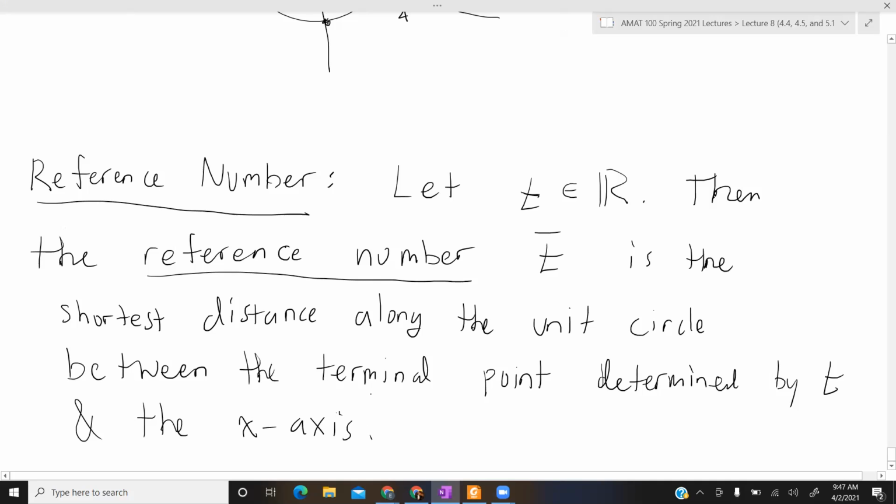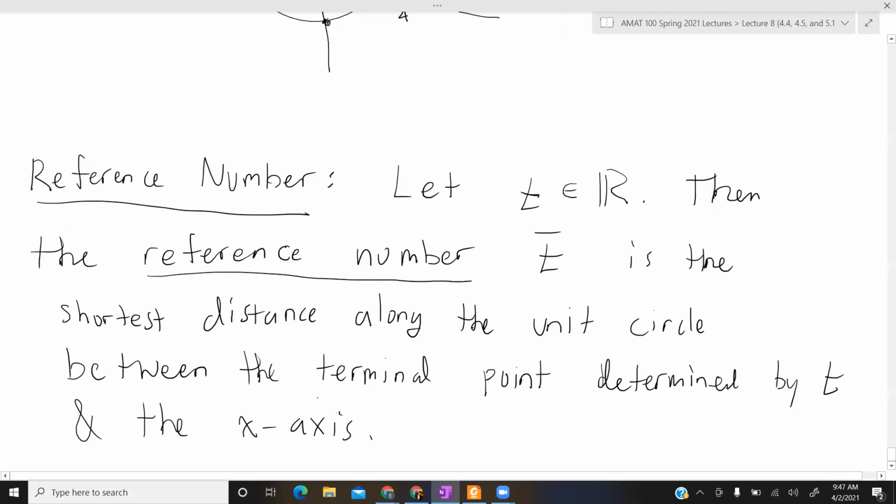Remember, the terminal point is the point on the circle that you end up at. I give you this number t. It represents an arc length in some sense, and you travel along the circle and you end up at a point, and that point is a point in the plane.